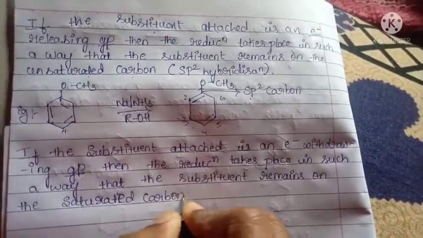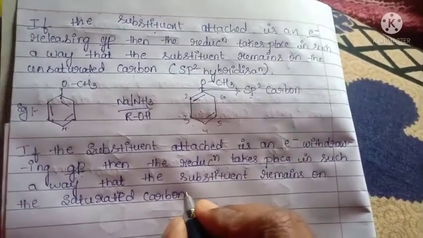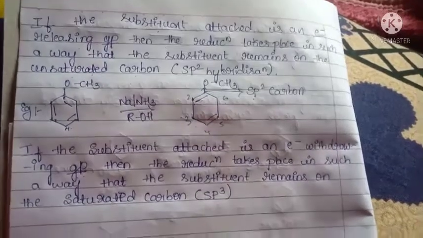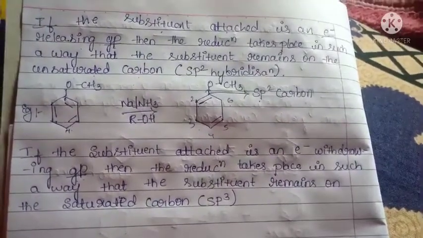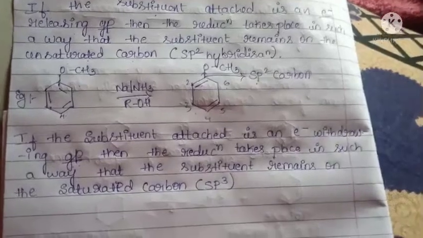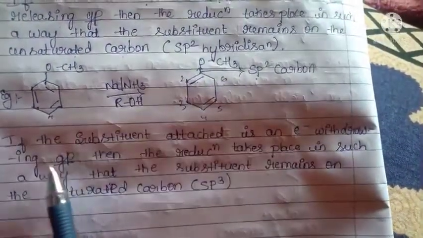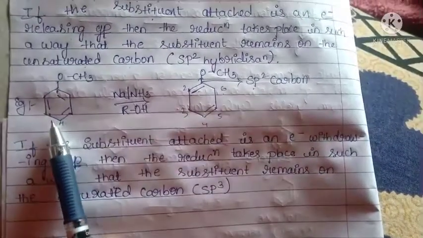So which hybridization is taking place? sp3. For a carbon single bond, this is sp3, double bond sp2, triple bond sp hybridization. In that, the substituent group, the electron withdrawing group, is attached to the benzene ring.